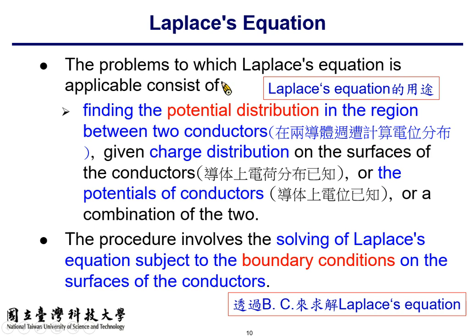So suppose you have a perfect electrical conductor, where you have normal electrical field. Or can you have tangential electrical field? You don't have tangential electrical field on a conductor surface.